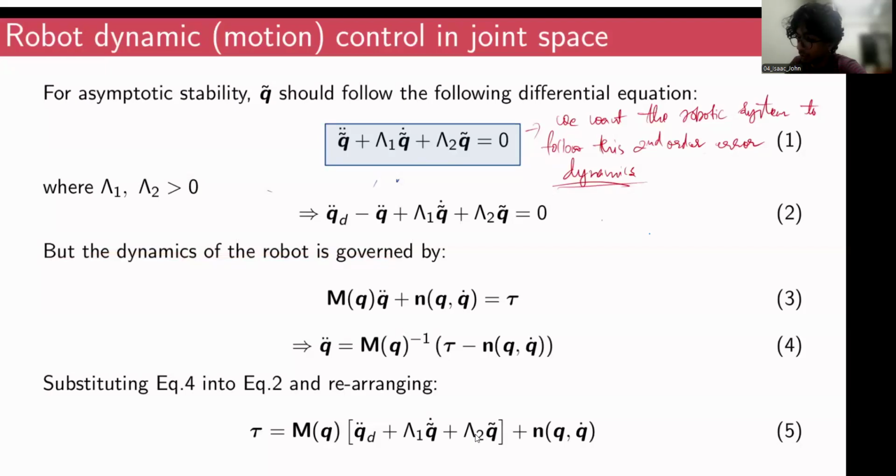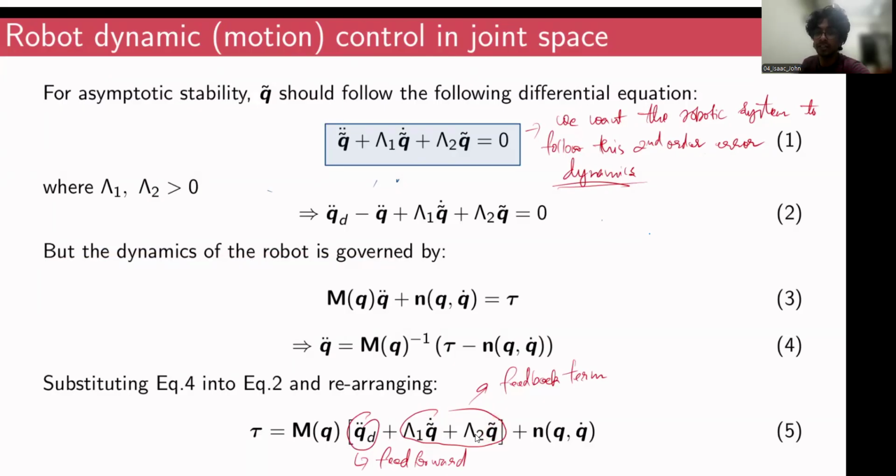So this would be the control input for the closed loop dynamic motion control. Here this q desired double dot would be the feed forward term, and these two terms are the feedback terms, because both of these terms consider q tilde dot and q tilde, which is the difference between the desired and actual velocities, and the difference between the desired and actual positions.